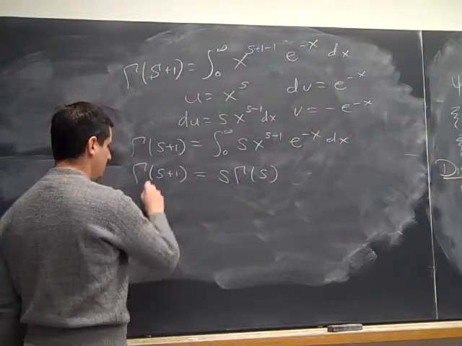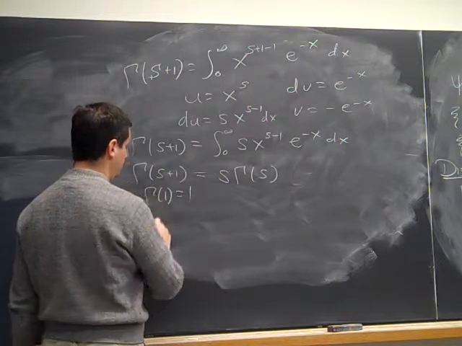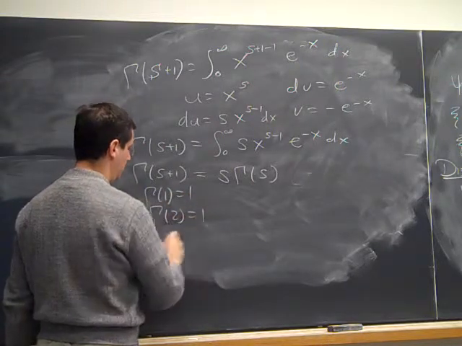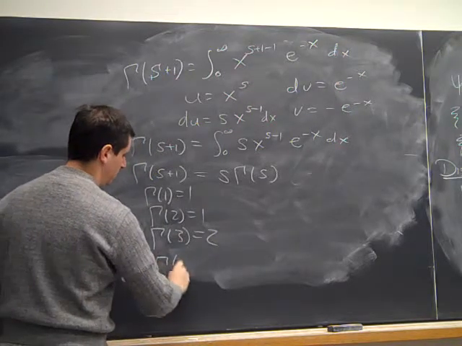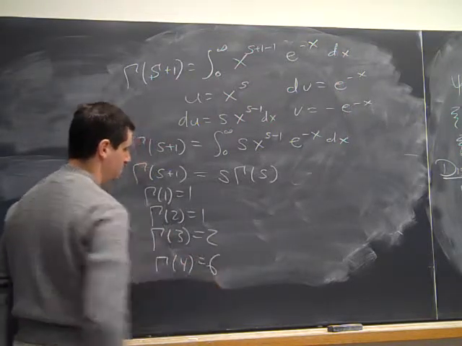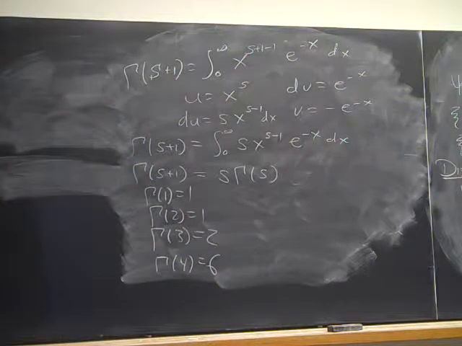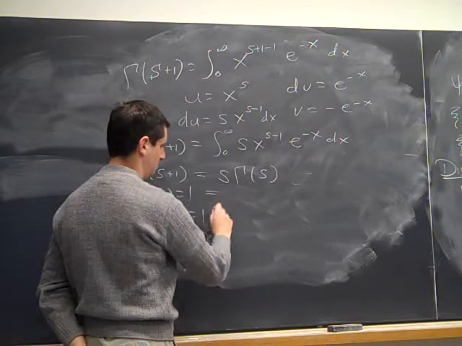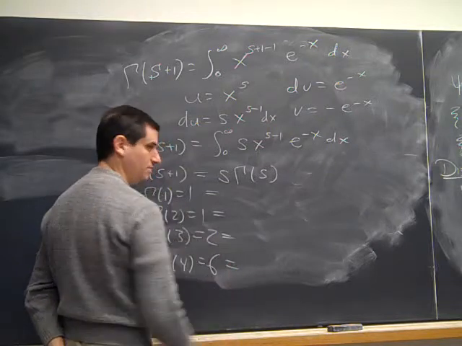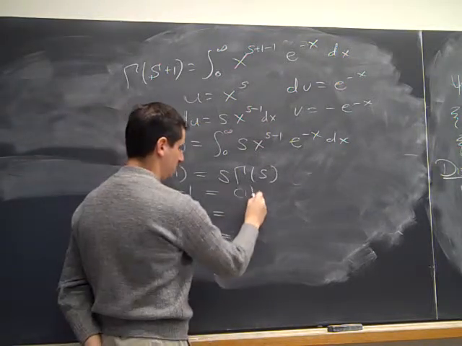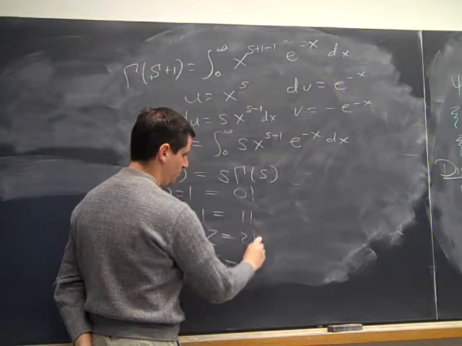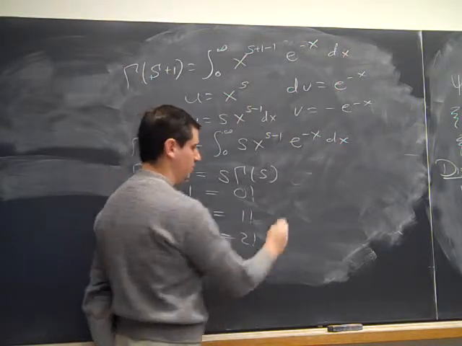And what you get is gamma of 1 is 1, gamma of 2 is 1, gamma of 3 is 2, gamma of 4 is 6. So now how do we rewrite these in a more intelligent manner? 0 factorial, 1 factorial, 2 factorial, 3 factorial.